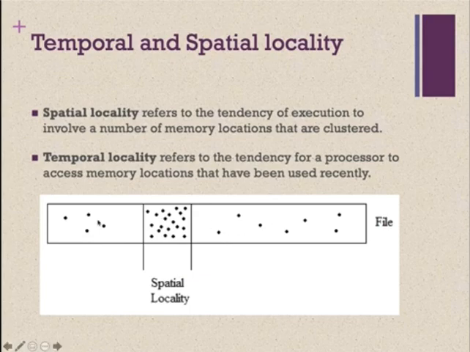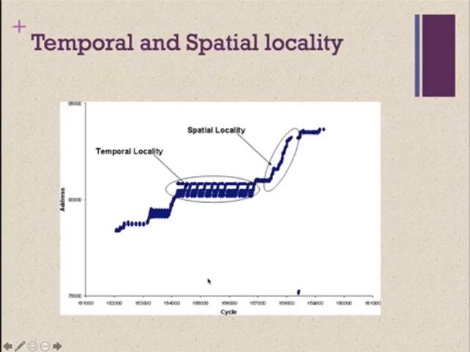Let's say this is a file, some lines of code, and these instructions are close together, like in the for loop or a function that is called frequently, and the other instructions are not executed. This is spatial locality, and temporal locality means some instructions are executed repeatedly over time.